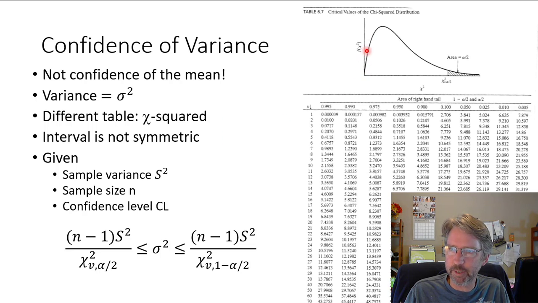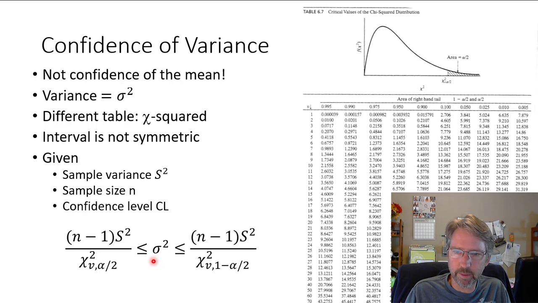And it's not symmetric. It has this shape here, and this is the area of the tails in the chi-squared table. So the process is very similar. We take a sample of size n. We find the sample variance, which is the standard deviation squared. And given the confidence level, we can find these chi-squared values from the table.